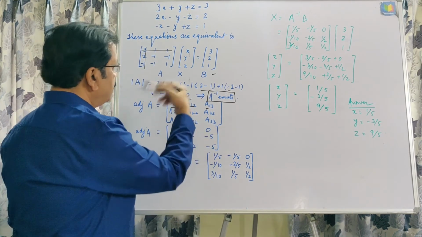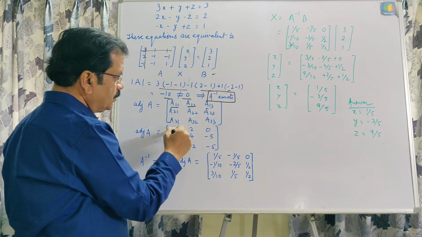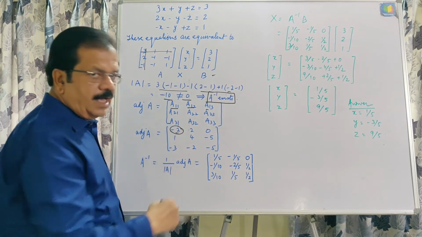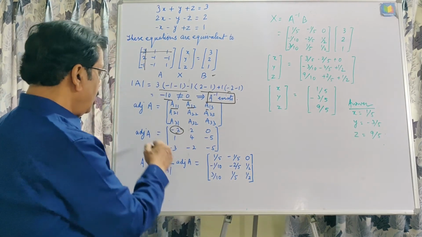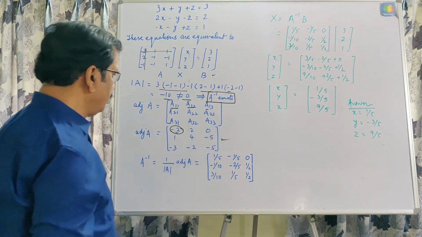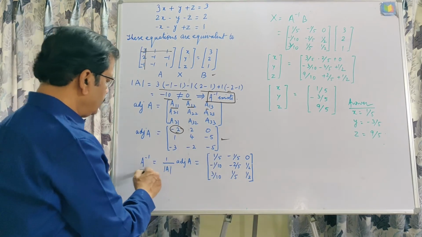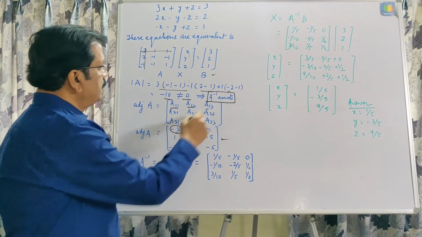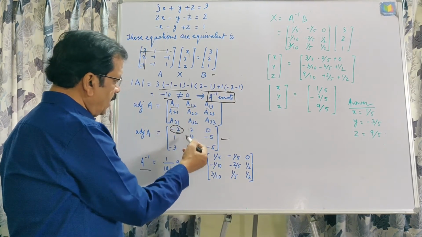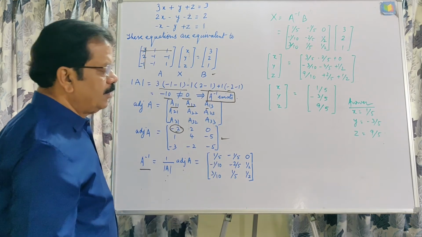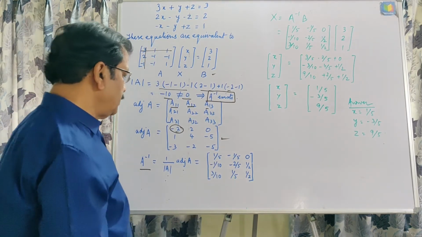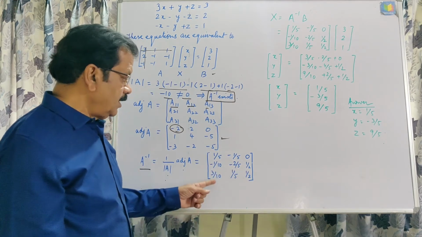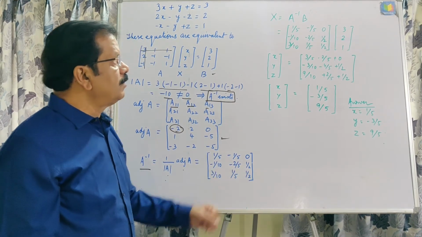And then the transpose of this, in transpose also this will remain here, because rows and columns are interchanged, and this way we can write the adjoint of this matrix. After writing, this is the inverse, adjoint upon determinant, and then the determinant -10 is multiplied with this, we are getting this value 1 upon 5, minus 1 upon 5, 0, minus 1 upon 10, minus 2 upon 5, 1 upon 2, 3 upon 10, 1 upon 5 and 1 upon 2.